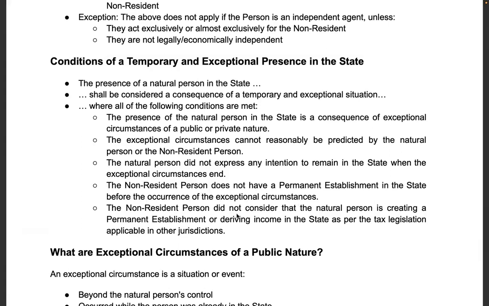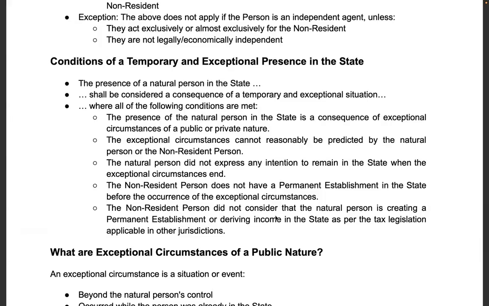Fifth, the non-resident person did not consider that the natural person is creating a permanent establishment or deriving income in the state as per the tax legislation applicable in other jurisdictions.